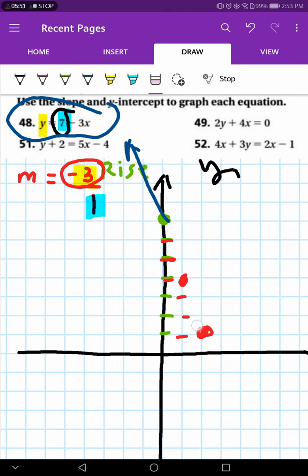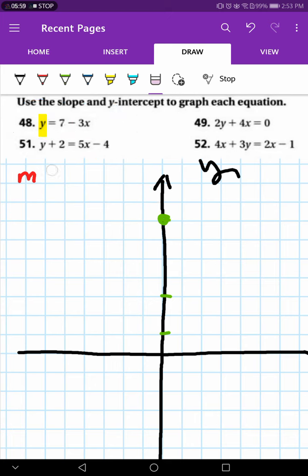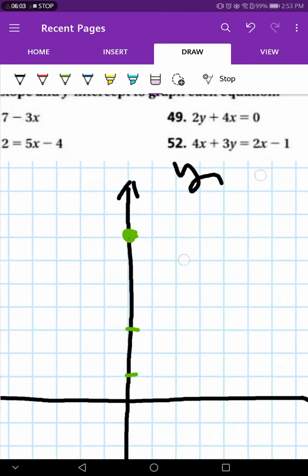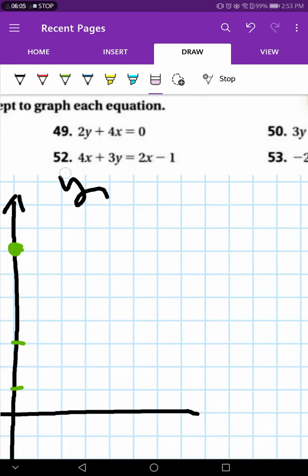Now, my dear student, what I ask you to do: every time you have an equation, if it asks you to write it in slope and y-intercept form, you have to make the y alone. For example, here, 2y plus 4x equals 0.